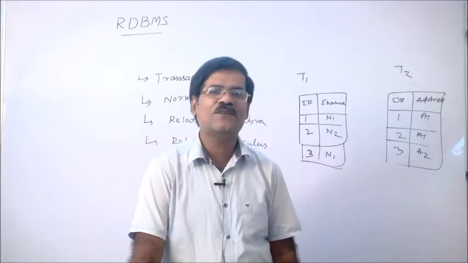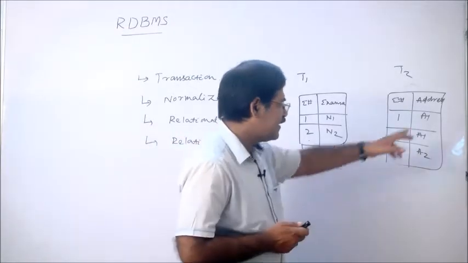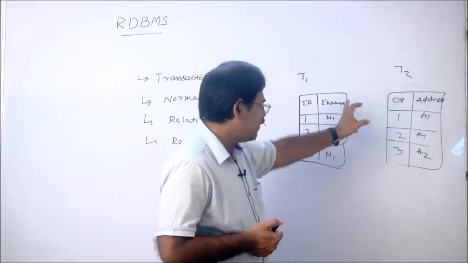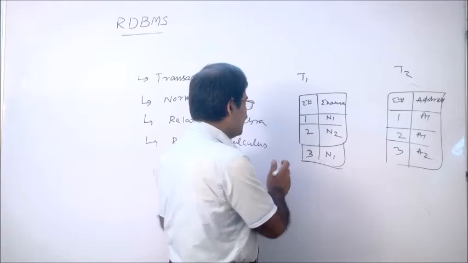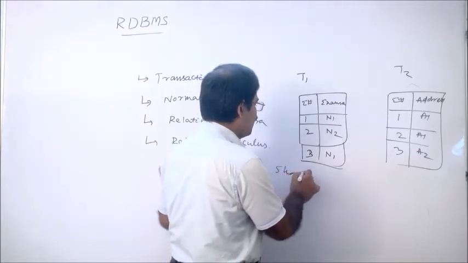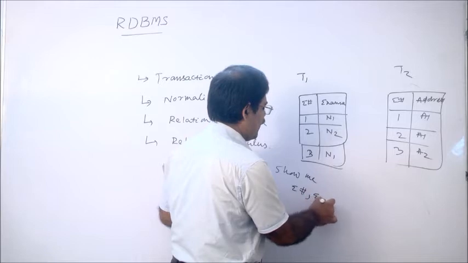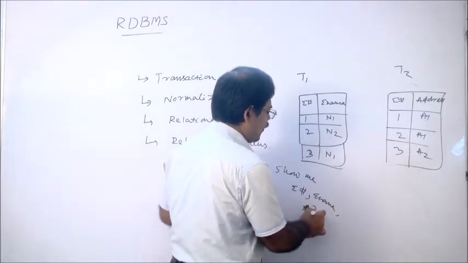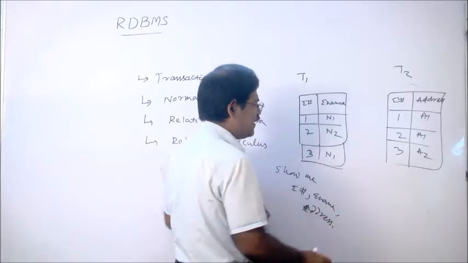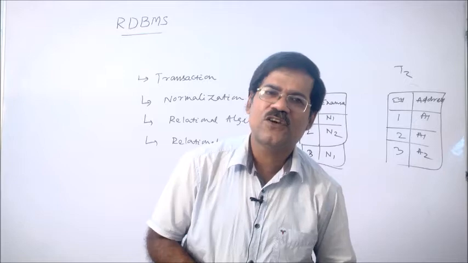It is not possible to retrieve this data from a single table, because the address is present in one table and the name is present in another. But my requirement is to show employee number, employee name and employee address. So in this case, you have to join the two tables.